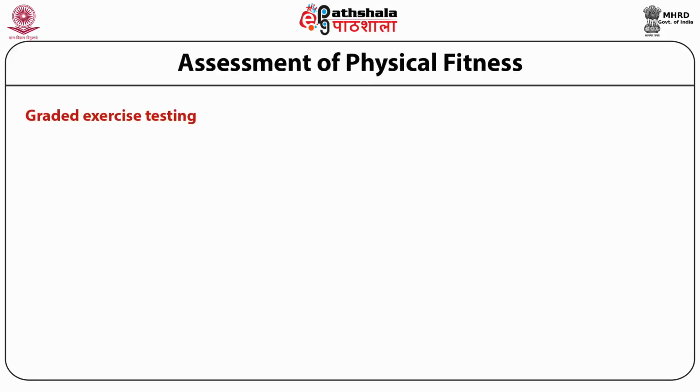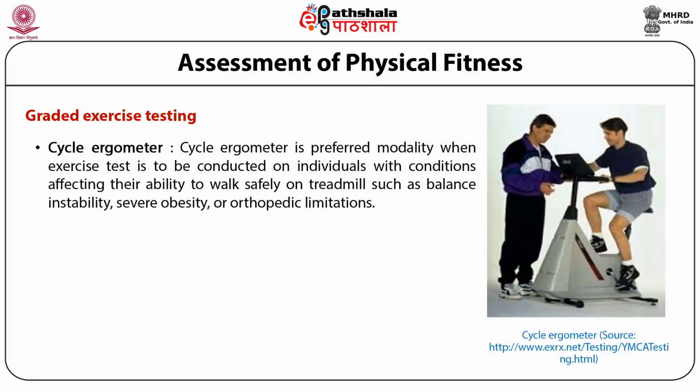Another type of graded exercise testing is by the cycle ergometer. The cycle ergometer, as can be seen from this picture, is a preferred modality when the exercise test is to be conducted on individuals with conditions affecting their ability to walk safely on a treadmill, such as balance instability, severe obesity or orthopedic conditions.